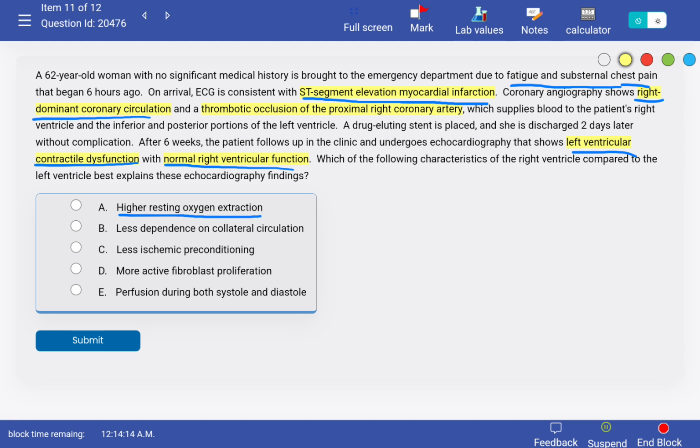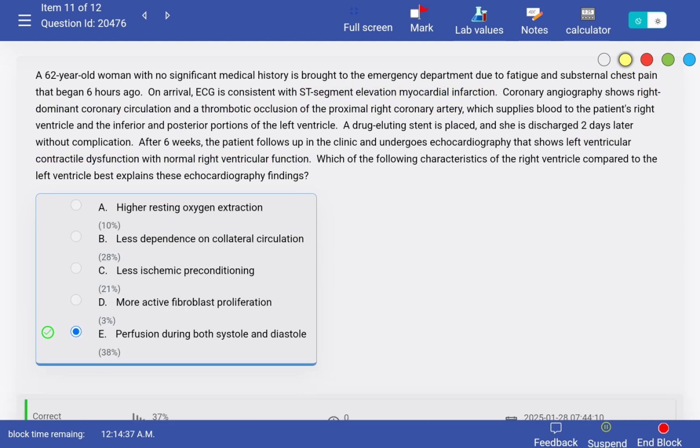Higher resting oxygen extraction, less dependence on collateral circulation, less ischemic preconditioning, more active fibroblast proliferation, perfusion during both systole and diastole. So the correct answer for this question is perfusion during both systole and diastole. Let us see the explanation.